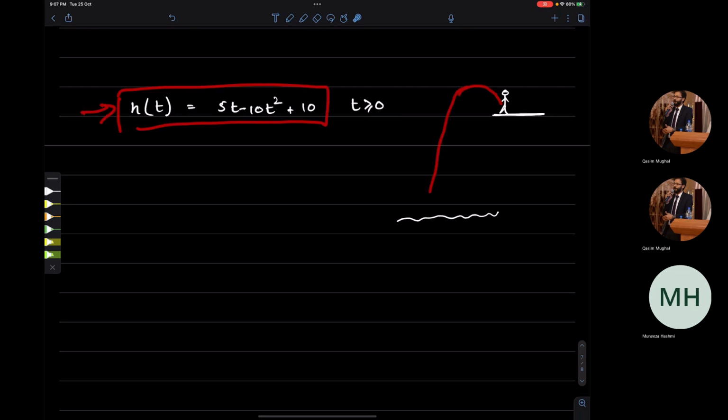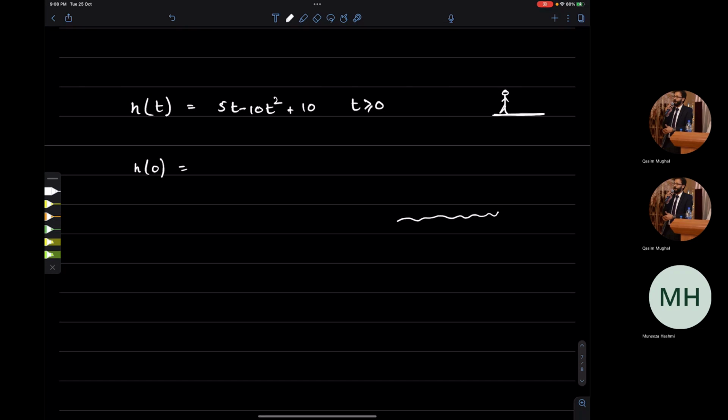When the diver hasn't launched himself yet, what's the time at that? They haven't started the stopwatch, isn't it? The time is 0. So if you put t equals 0, basically in short, you need to do h of 0. So that's going to be 0 minus 0 plus 10. So height is 10 meters.